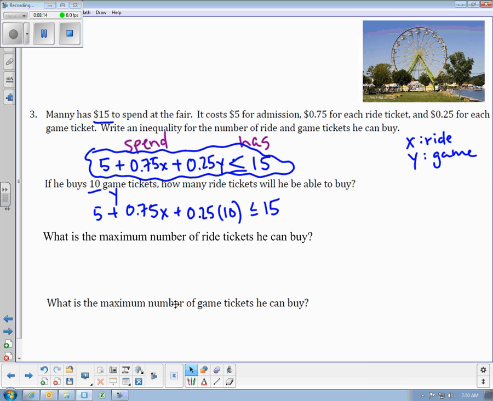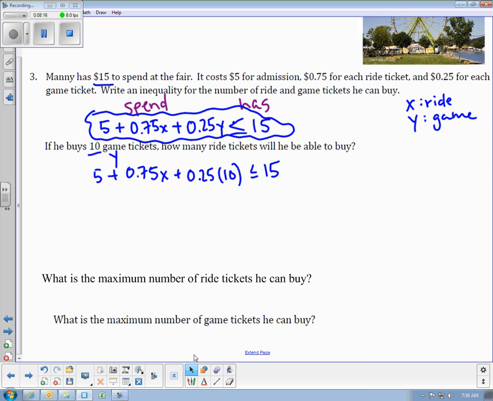And then I can go through and solve this. I'd have 5 plus 0.75x plus $2.50 is less than or equal to 15.